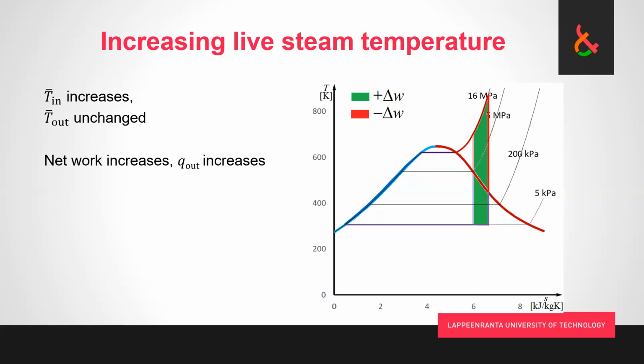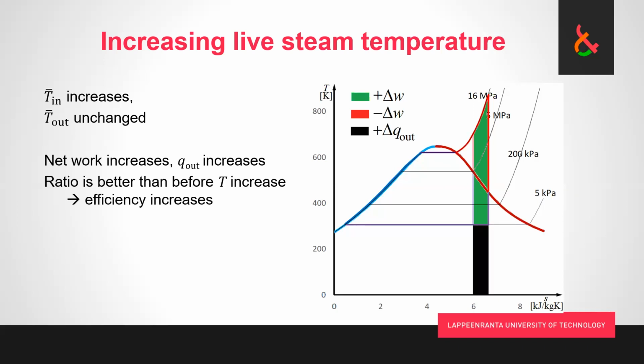Basically, all of the area inside is addition of specific net work, and there is no red area that would indicate that there was any bit of the process that we lost as net work. So we get more work out of the same mass flow rate of working fluid. And because we are moving now back to the right, we are removing a little bit more heat.